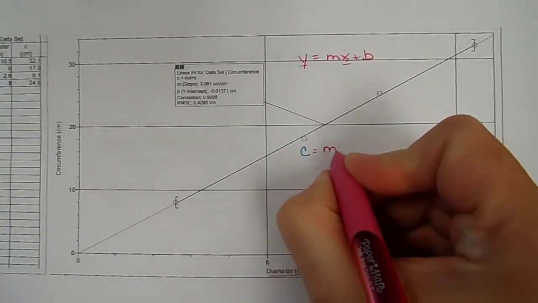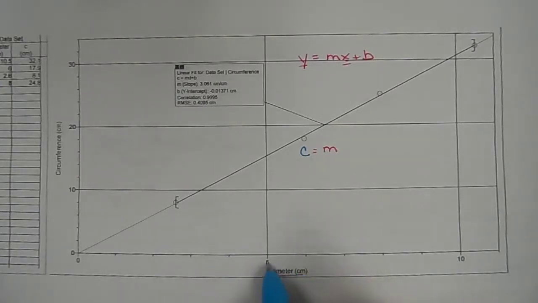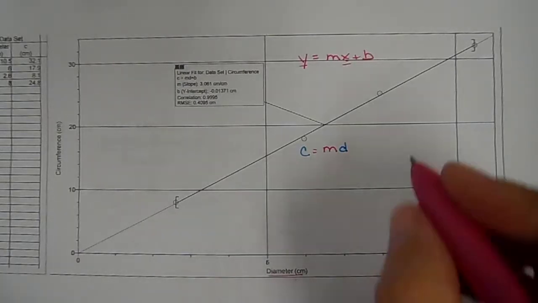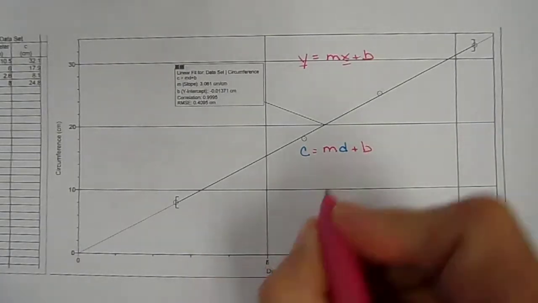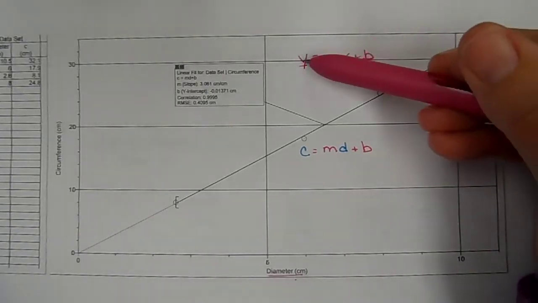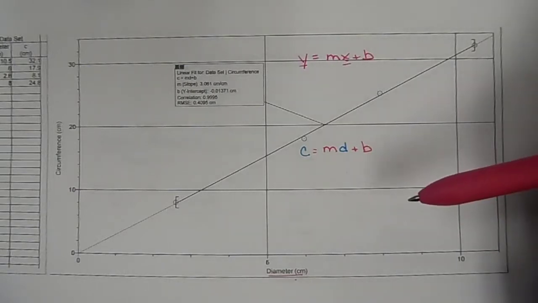So that's going to equal our slope times our x variable, which is our diameter, plus our y-intercept. So we're plugging in the variables that actually are represented on our graph.